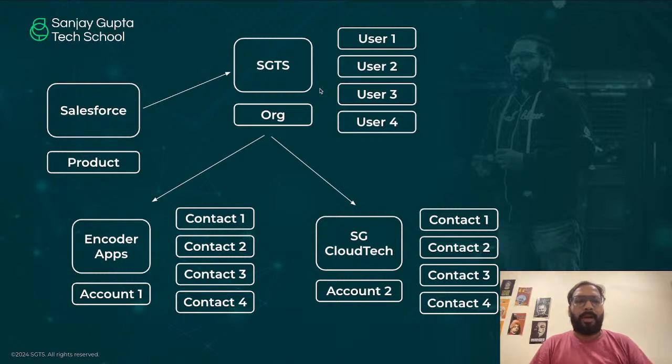For my employees, I will be creating user records so that they can log in to that particular org, which I am using to manage my tech school. So this is one entity: Salesforce built a cloud, and I'm using that cloud in SGTS to manage my activities. My employees will be treated as users, and they will have their users created so that they can log in to the org and do some activities or processes.